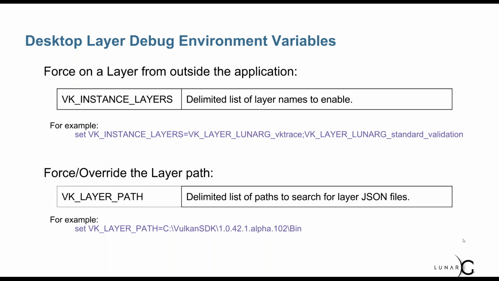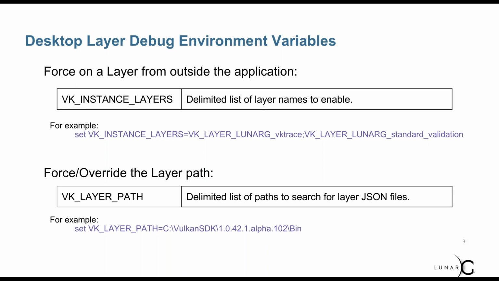The other environment variable here is VK_LAYER_PATH. This simply forces one or more paths to be used when searching for layer manifest files. This overrides the behavior that is found from the registries or the system paths.